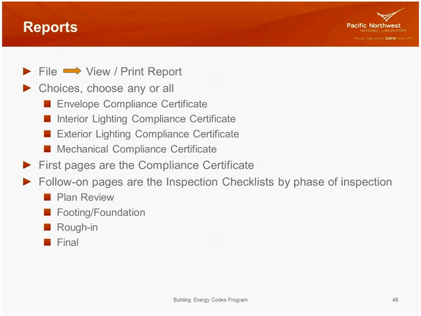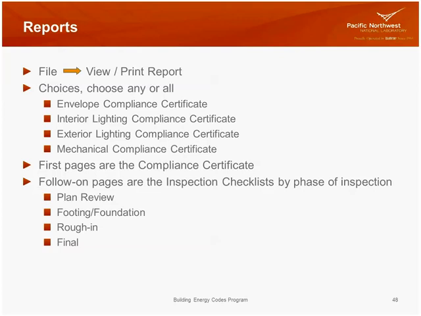Then the first pages of that report is the actual compliance certificate. Whether it be just your envelope or all of them, each one is separated out individually. Then the following pages, and I've talked about this requirements tab, is that inspection checklist, which is broken down into phases of inspection.